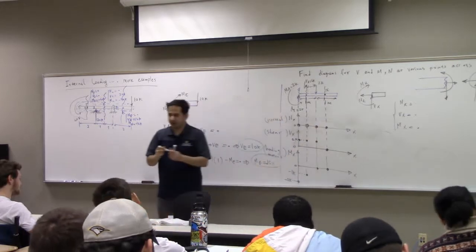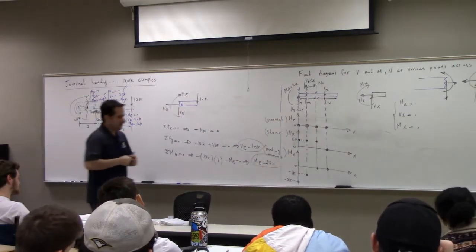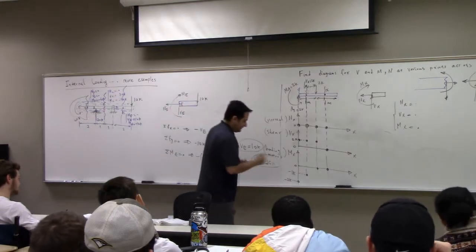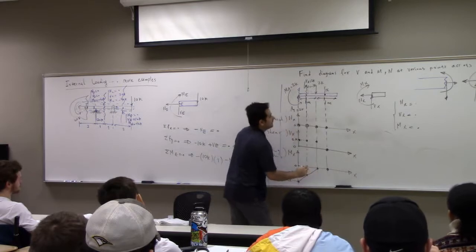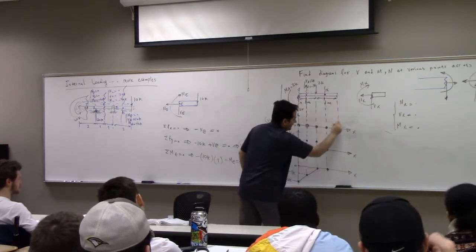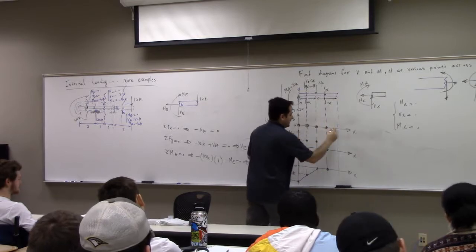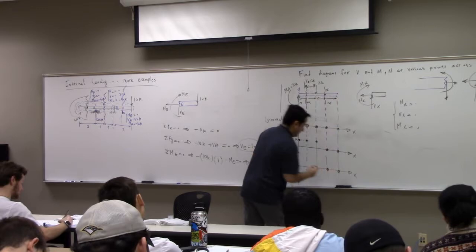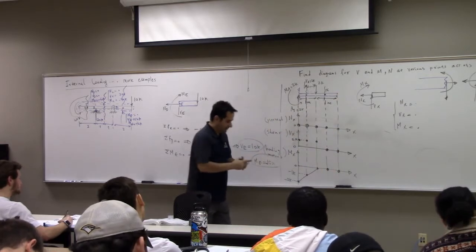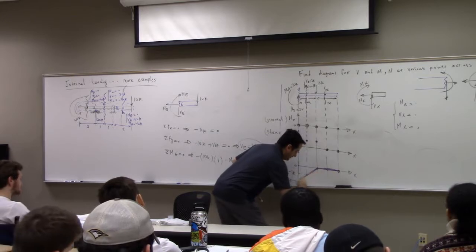So I want to connect all these dots together to get the diagrams, right? If I connect these dots together, this is the very last point. At the very last point, of course, again 0, 0, 0. So connect all this together. There you go.